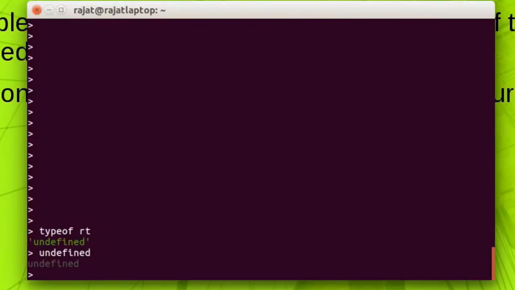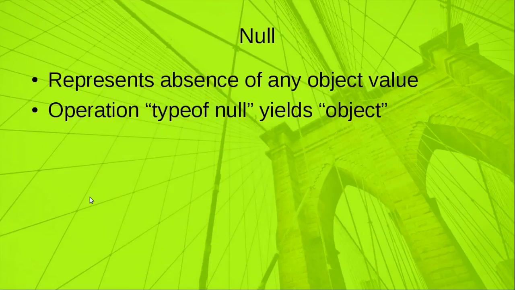So we can test that rt is not yet defined using typeof rt, and it is going to print out undefined. So we can check it against the string undefined, and as you can see, it will print out true. It means that we can check whether a variable is defined or not using the typeof operator and this statement. So let's move on to another data type, that is null.